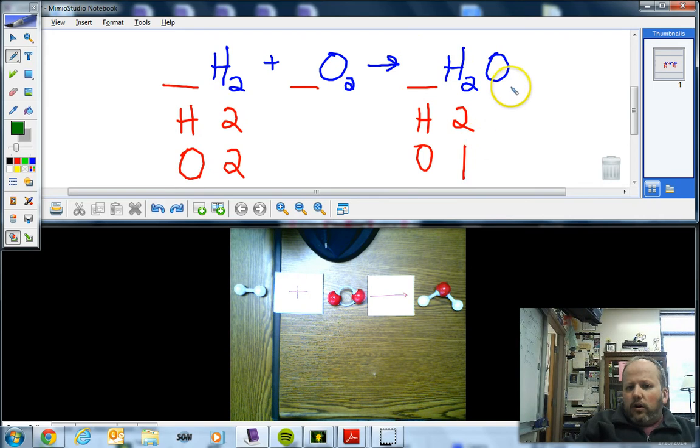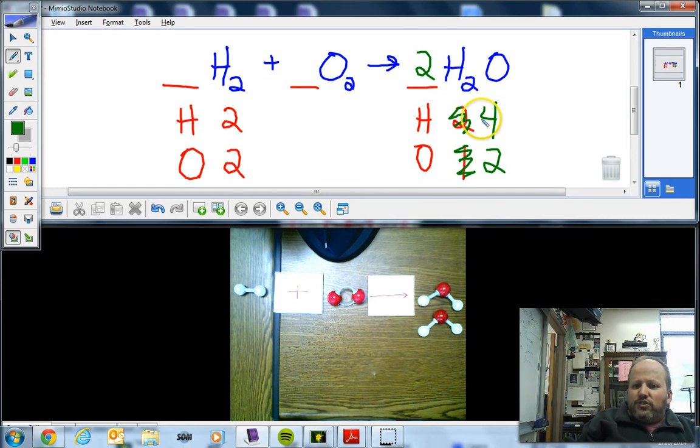That's currently a 1. So what times 1 would give us the 2 that we want? 2 will. So we now have 2 waters. But not only did that change the number of oxygens, because if we put a 2 times 1 to get 2 for oxygen, we now have 2 times 2 for hydrogen. So yes, hydrogen was okay, but when we fixed oxygen, we messed hydrogen up.